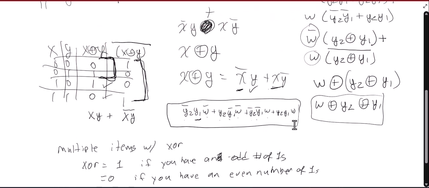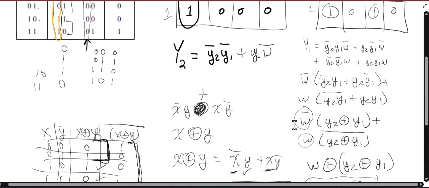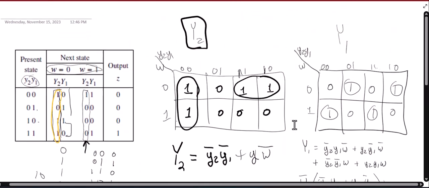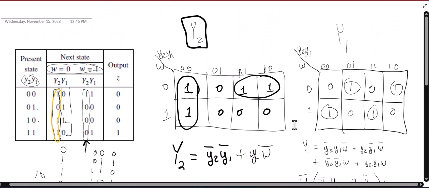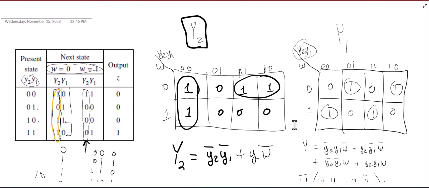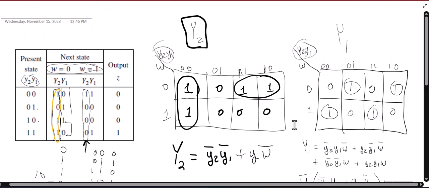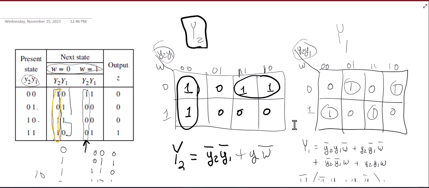I'm going to draw this circuit as if my y1 and y2 are separate variables the way they look like they are here in the table. But the lowercase letters are really the same as the uppercase letters after the clock cycle. Once you have the output from the flip-flop, the lowercase letter becomes the uppercase letter.